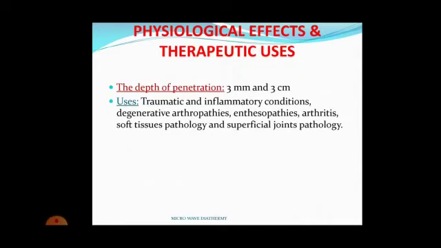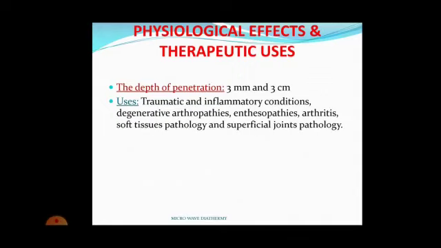Okay, there are degenerative arthropathies. Degenerative means age related pain. Then in case of enthesopathies, wherever you have attachment of ligament or tendon over the bone, that area will give you pain if it is suffering from any pathology. Clear?